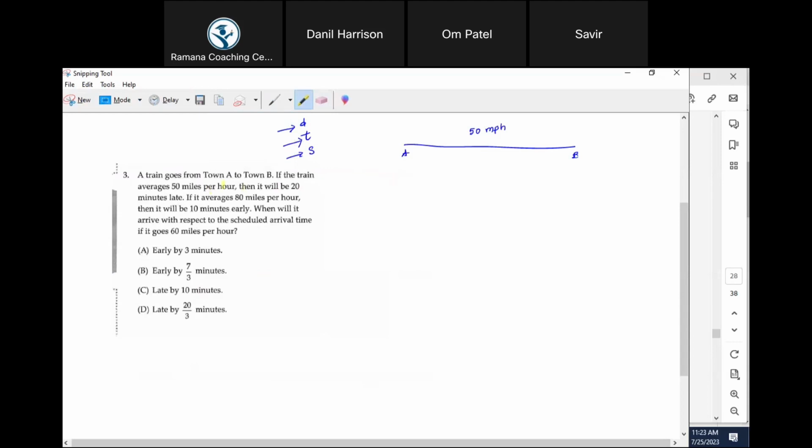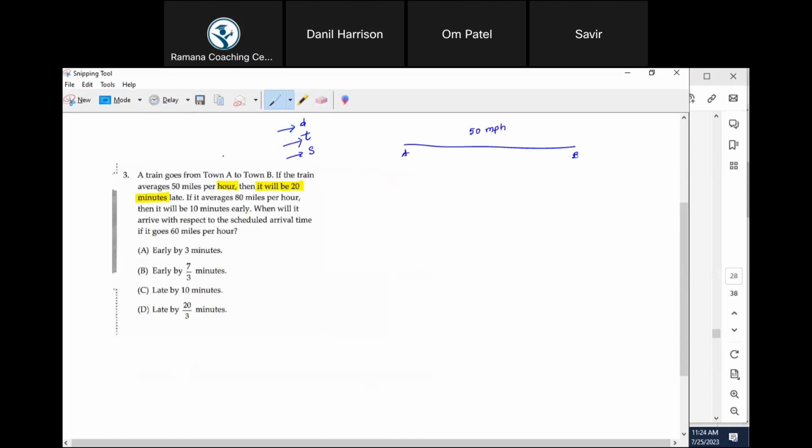Since the data is in hours, he says it will be 20 minutes late. So what is the first thing you need to fix? Did you notice the change of units? So what do you need to do? Convert the 20 minutes into hours. How do you convert the 20 minutes into hours?